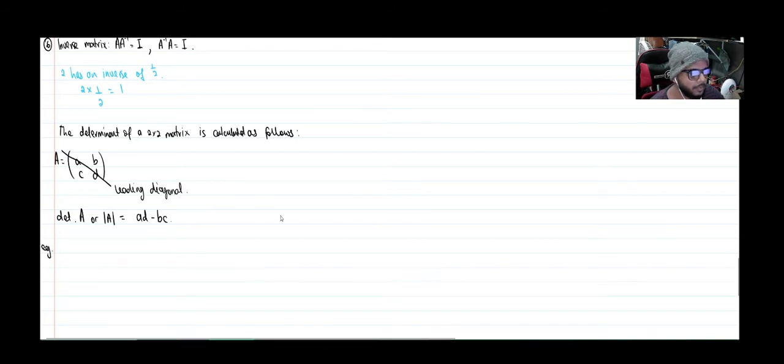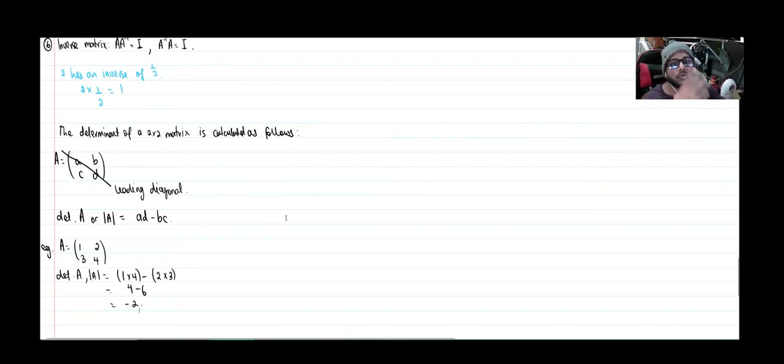For example, if I have A being the matrix 1, 2, 3, 4, then the determinant of A is equal to the leading diagonal 1 by 4, take away the other diagonal 2 by 3. 1 by 4 is 4, 2 by 3 is 6, we get negative 2.